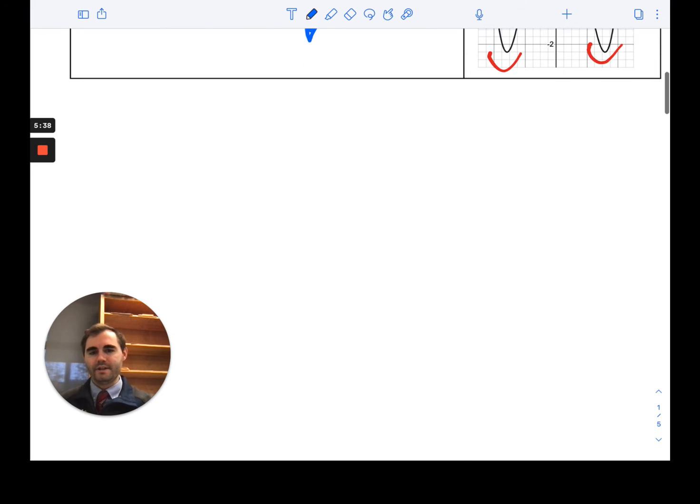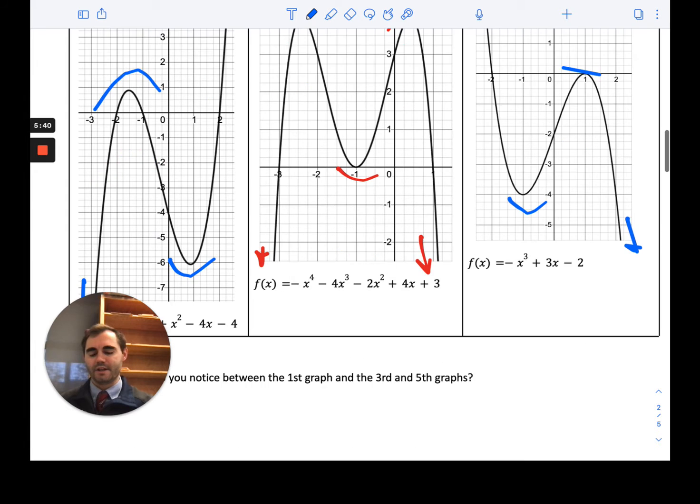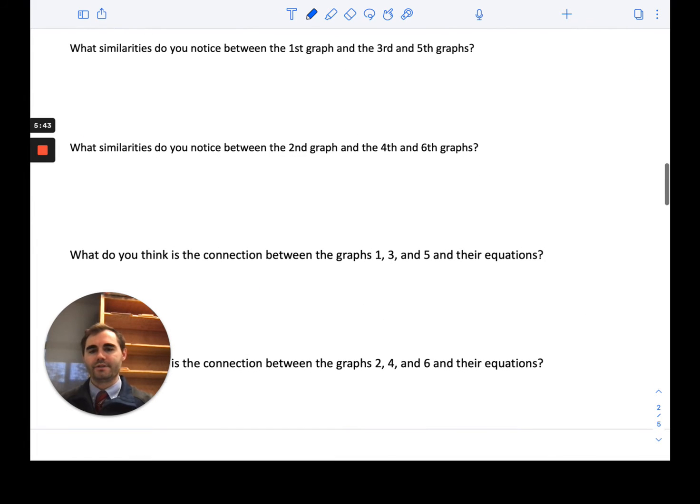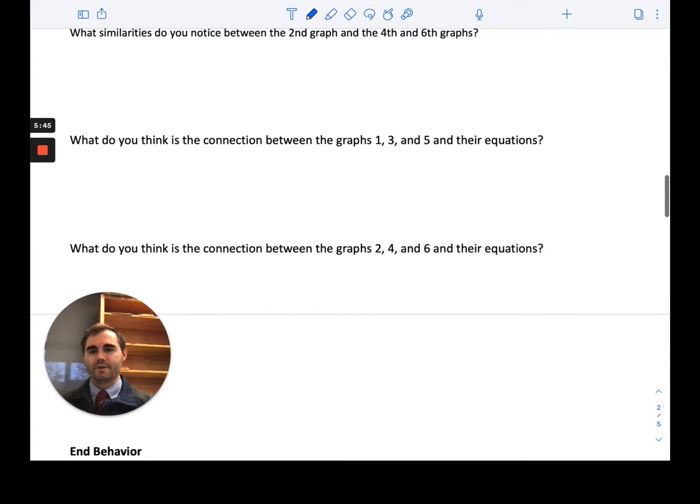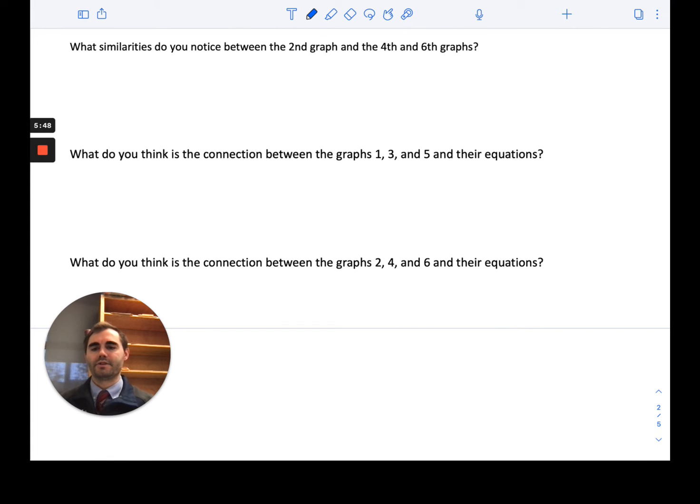So hopefully you've recorded some of those things on the notes here. But what I want to do is look at questions number 3 and 4 on here. Question number 3 asks, what do you think is the connection between the graphs 1, 3, and 5 and their equations?